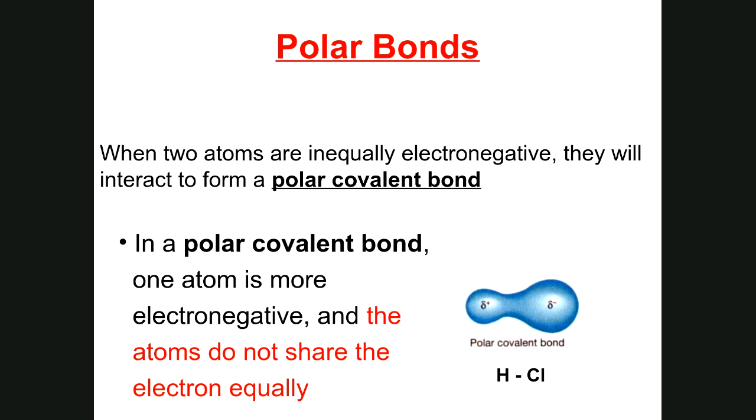Polar covalent bonding: if you look at chlorine with hydrogen, chlorine has 7 electrons, unbalanced, and hydrogen has 1. Which is the most electronegative? Of course, chlorine. All right, it's covalent, no problem. They are sharing the electrons. But since this side is more electronegative than this side, the chlorine has more mass in its nucleus.